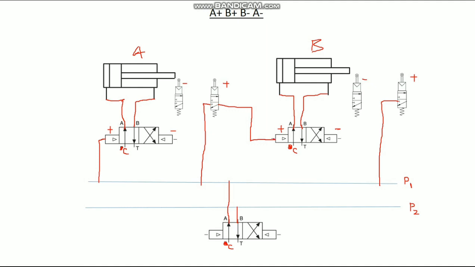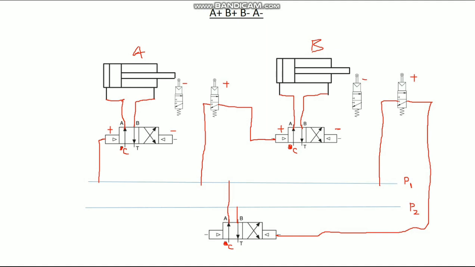Then pressure line 2 must be energized. So from the B positive limit switch, we have to give the connection to the second position of the cascade valve. Okay. Now the position will be changed and pressure line 2 gets energized.